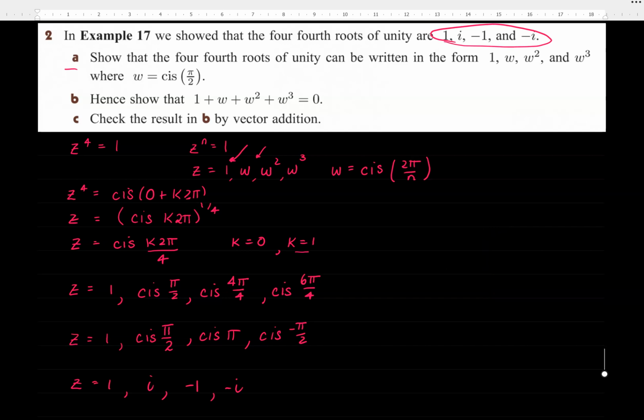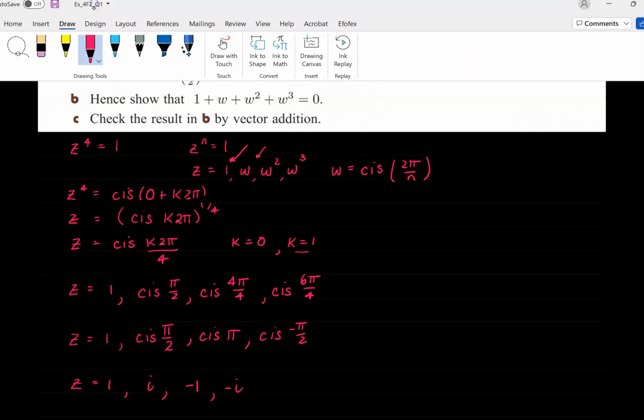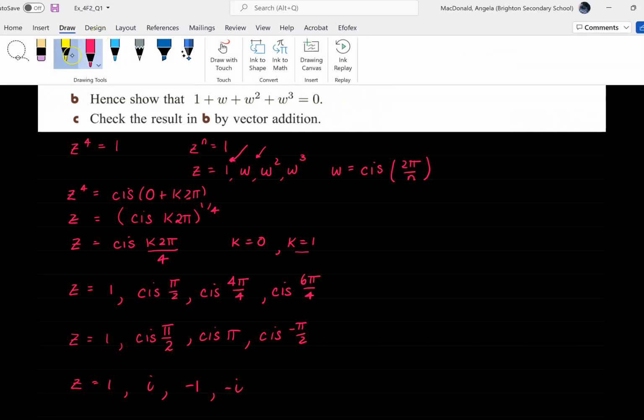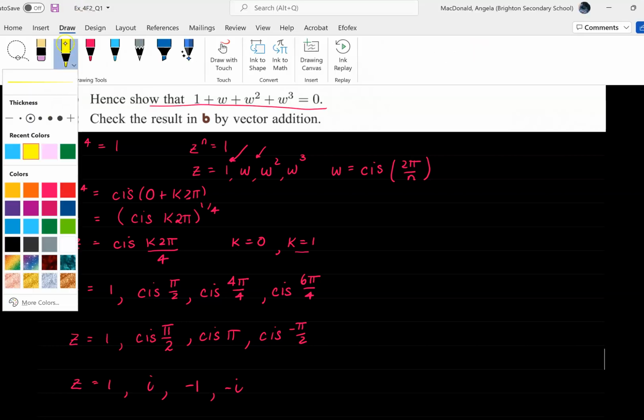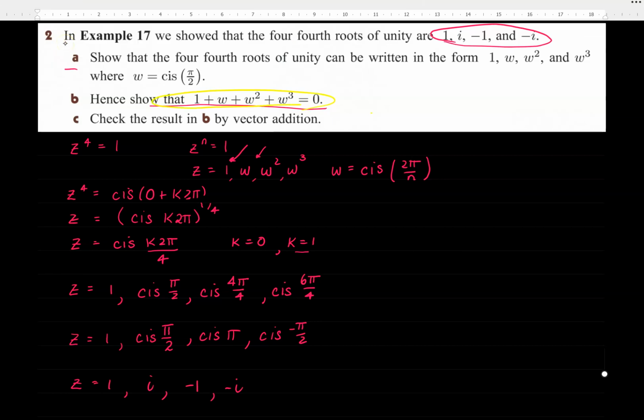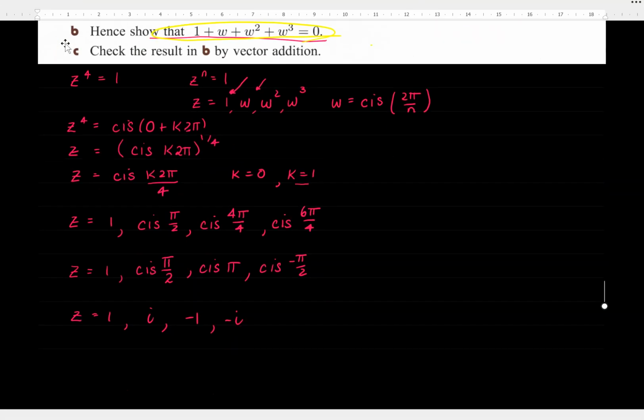Hence show that 1 plus w plus w squared plus w cubed equals 0. Let's change our colour, go to yellow. If we look at this one, does 1 plus w plus w squared plus w cubed equal 0?